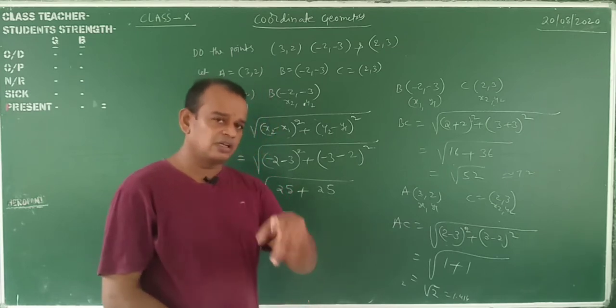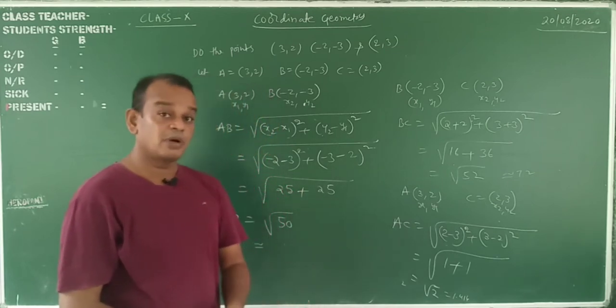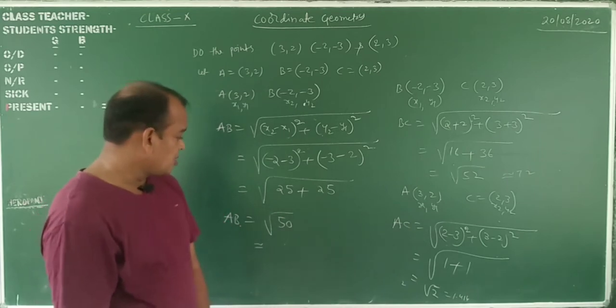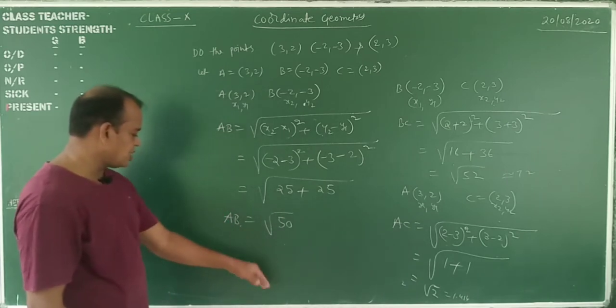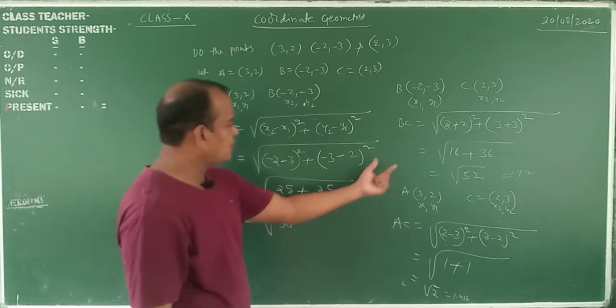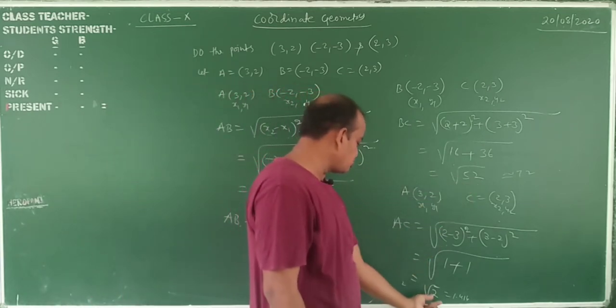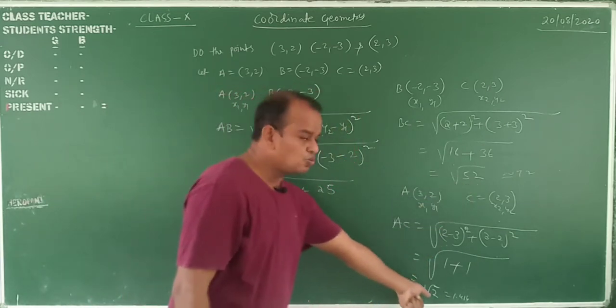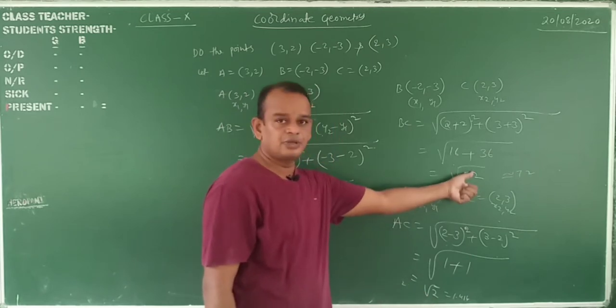Now we check with the Pythagoras theorem: the sum of the squares of two sides. The square of this one is 50, of this one is 52, and of this one is 2. Now 50 plus 2 is 52. 52 is equal to 52, yes.